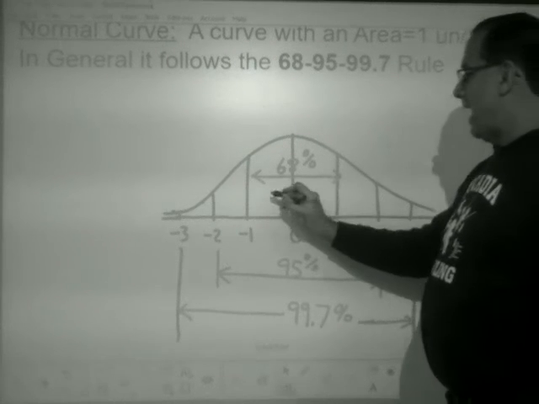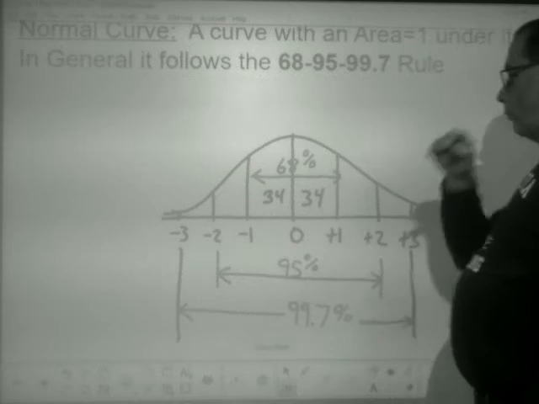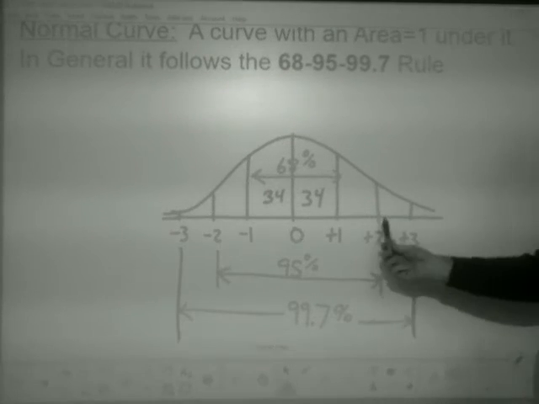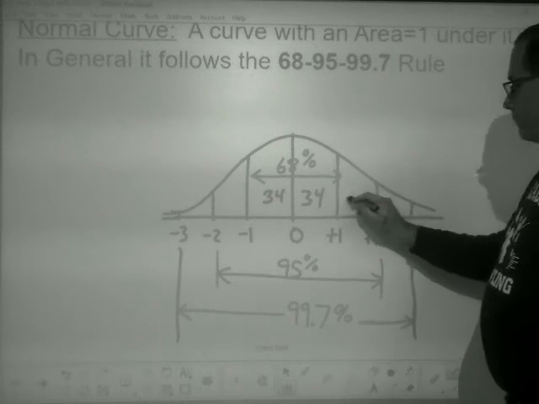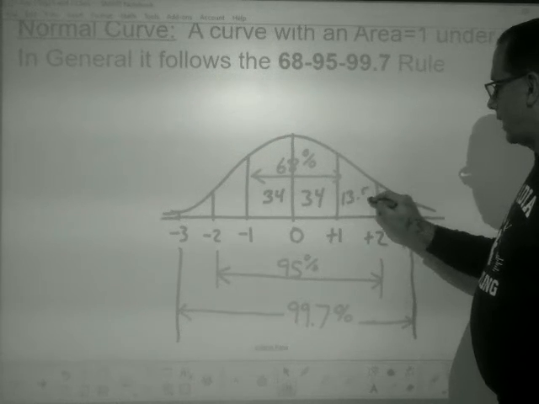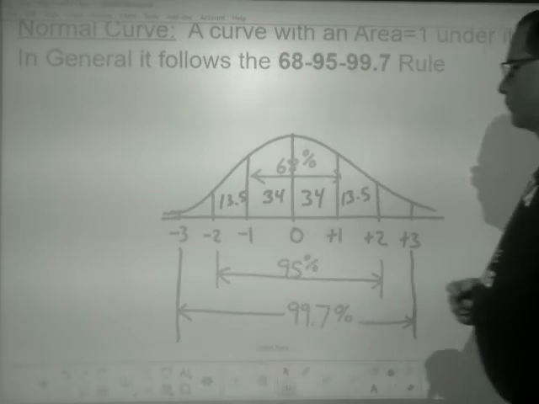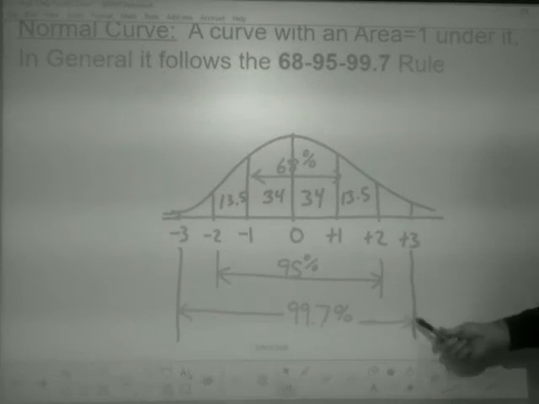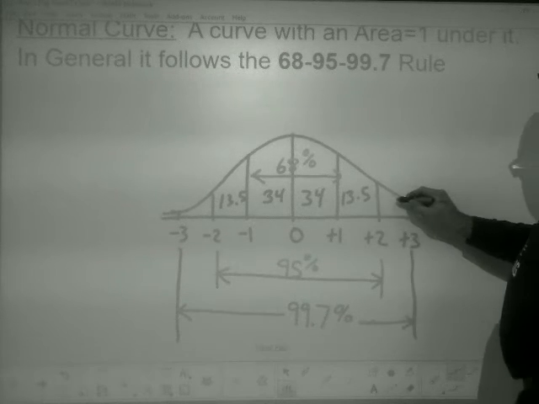If this is 68, then half, because it's symmetrical, would be 34 and 34. If this is 95, take away 68 and take half of that. This is 13.5, 13.5. 99.7 minus 95, take half.